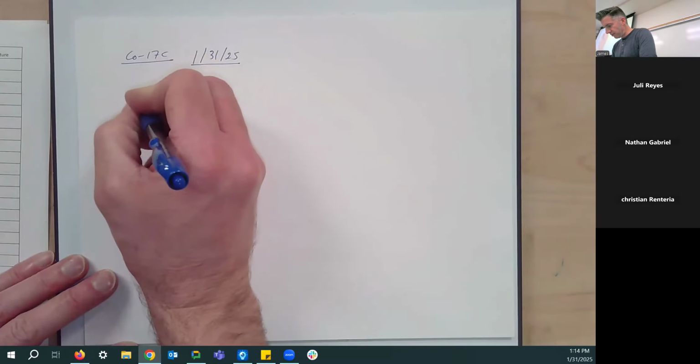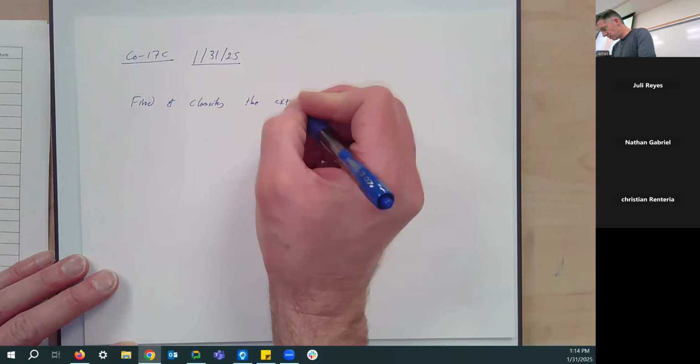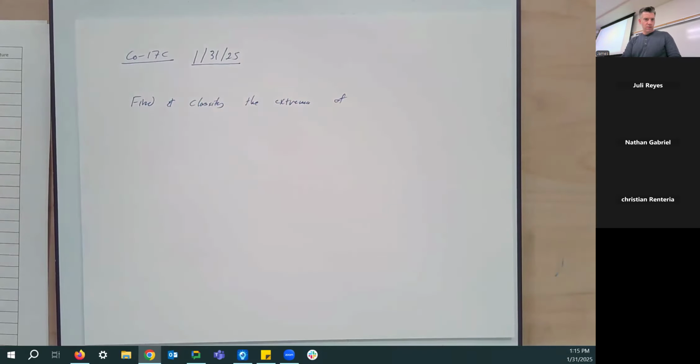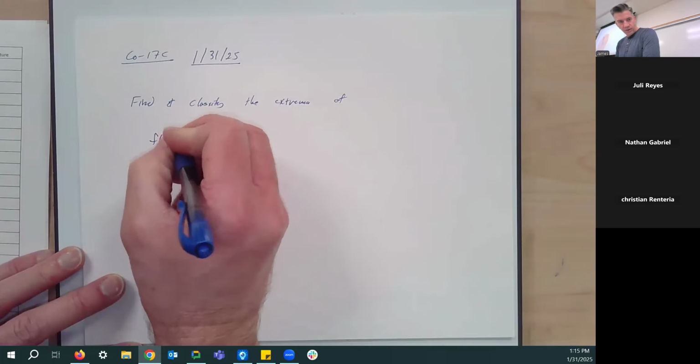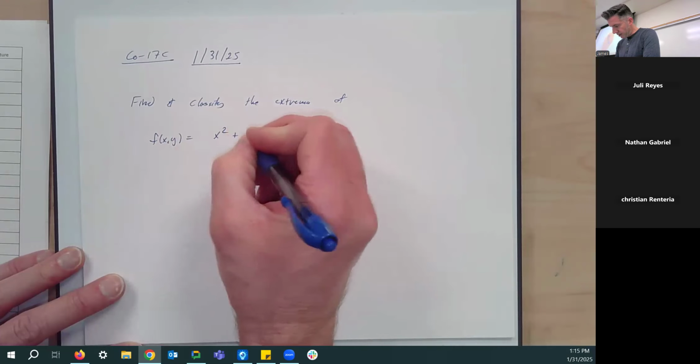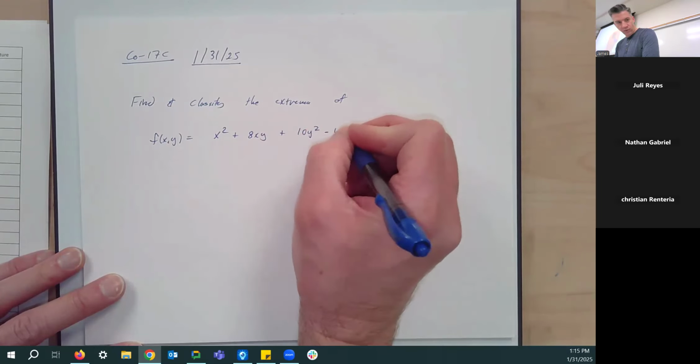So we're going to find and classify the extrema of, actually, let's look at this one instead. f of x,y equal to x squared plus 8xy plus 10y squared minus 4y plus 6.